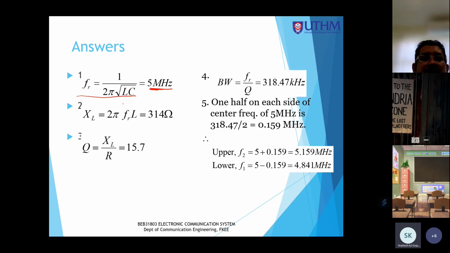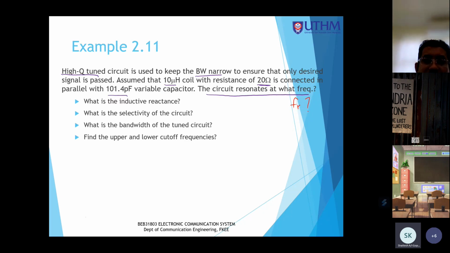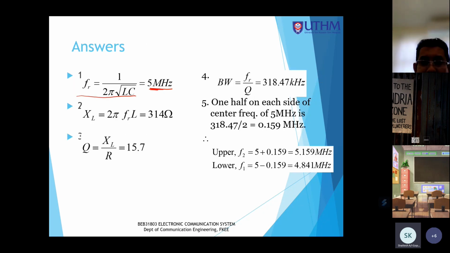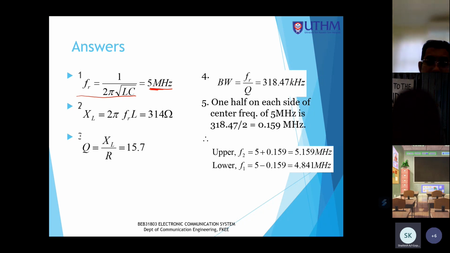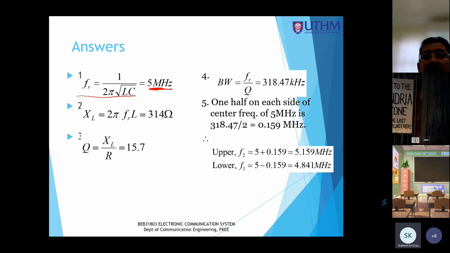So you cuba masukkan 2 pi square root tadi berapa? 10 microhenry, 10 micro darabkan dengan 101 pico. Okay, and then square root darabkan 2 pi. So you akan dapat 5 megahertz. Okay, so saya rasa dia dalam beberapa perpuluhan so dia tidaklah tepat seperti ini. So dalam nota you dia dibundarkan dapat 5 megahertz.